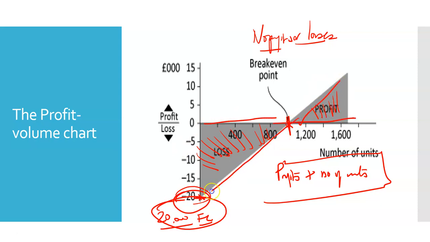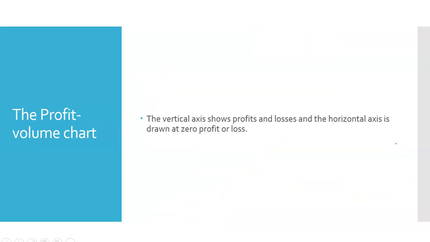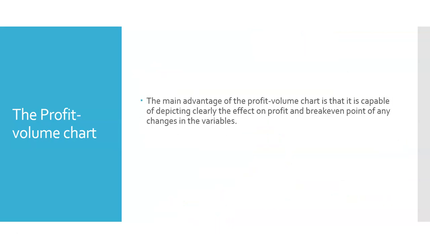We're just now putting that on its own curve, but the focus is on profit and loss as your y-axis and your x-axis as your units. Yes, and that's your profit volume chart.